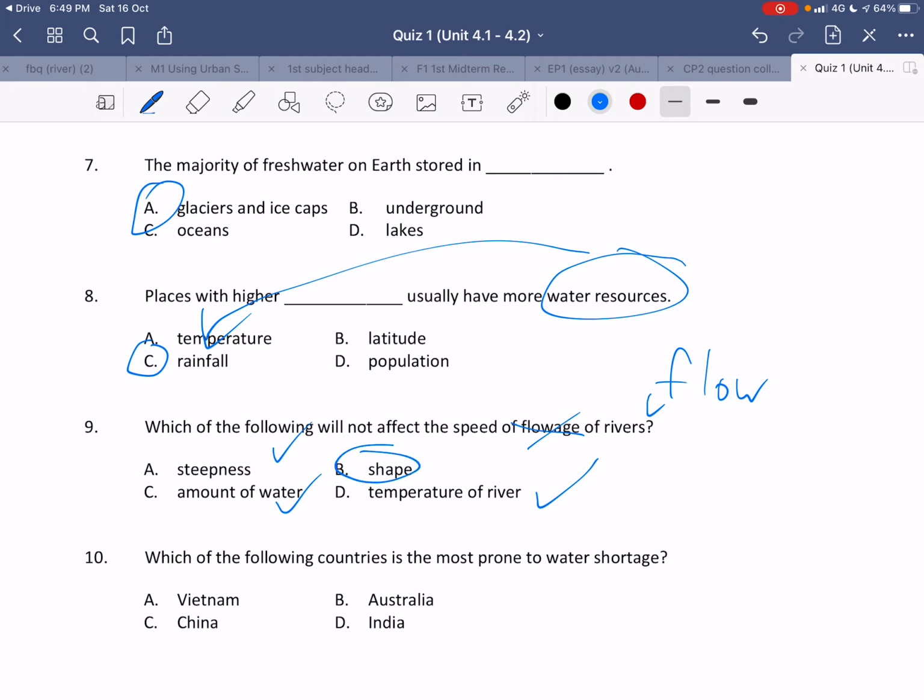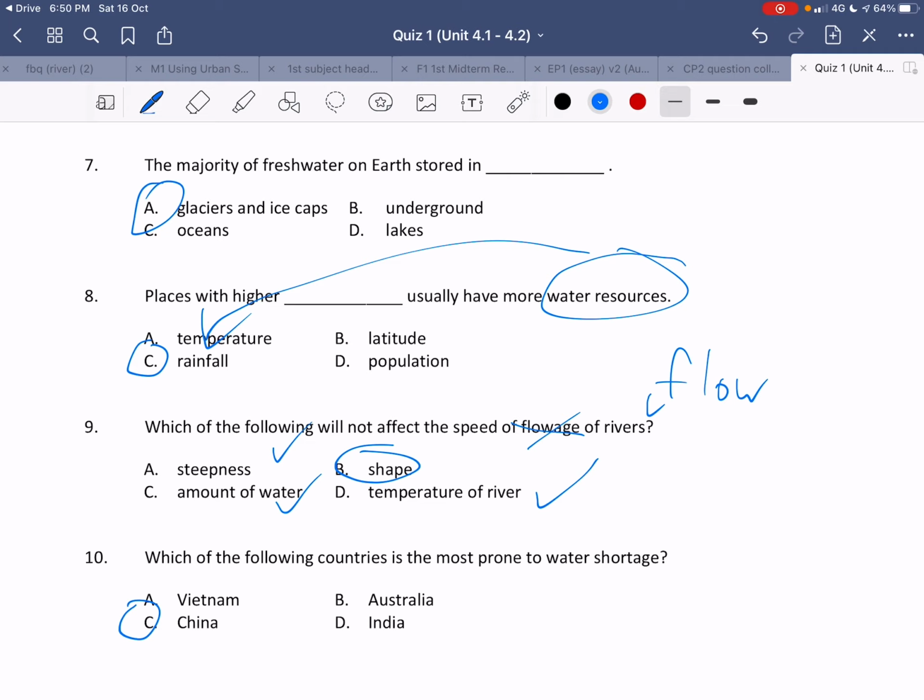Okay, indeed. Which of the following countries is most prone to water shortage? Indeed, it is China. But you may argue with me, isn't it Australia or other countries? No, because although Australia's water is little, its population is even fewer than China's.